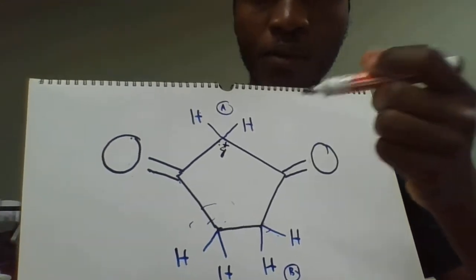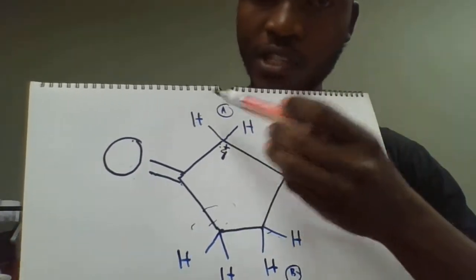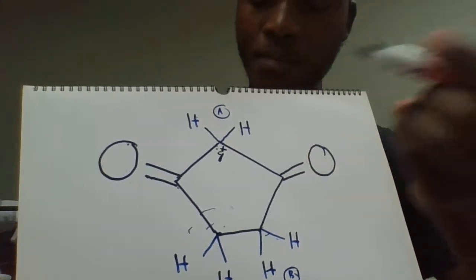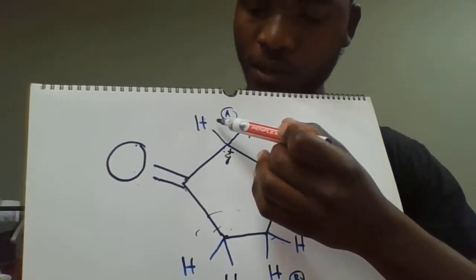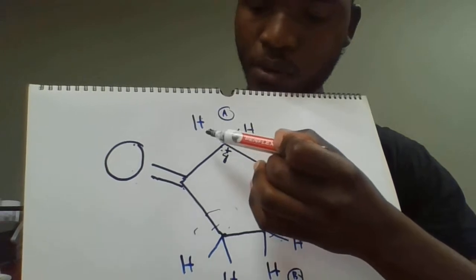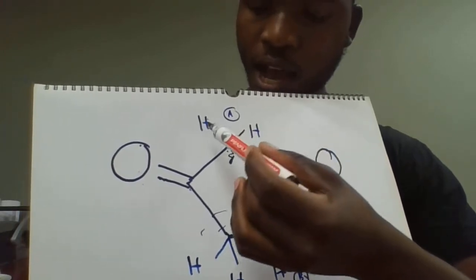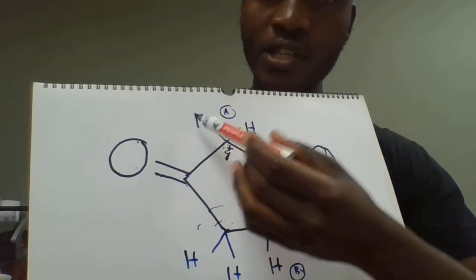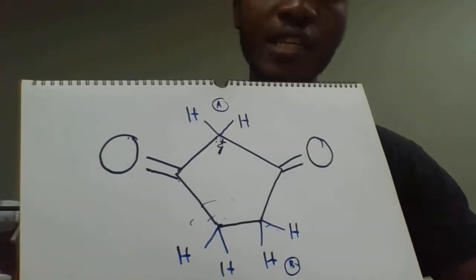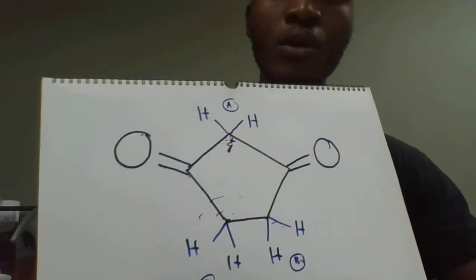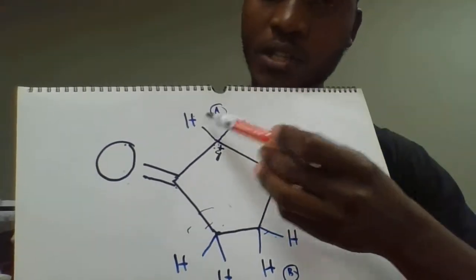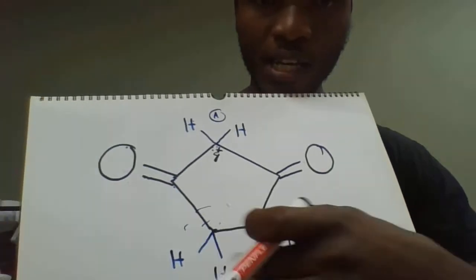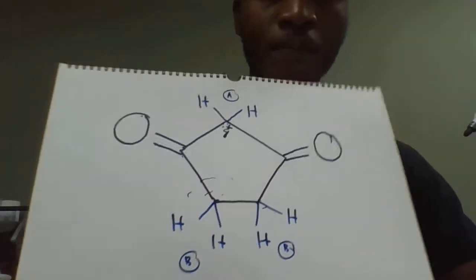This makes these hydrogens more acidic, because the electrons on the C-H bond are drawn toward this carbon, leaving this hydrogen more exposed and easily replaceable. So these two hydrogens are more acidic compared to the other hydrogens.